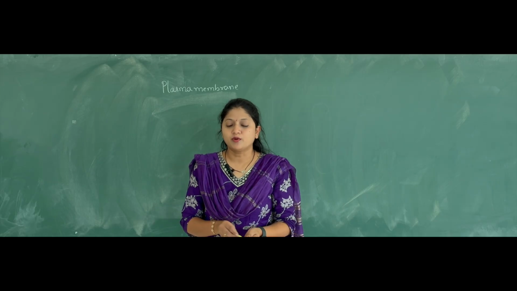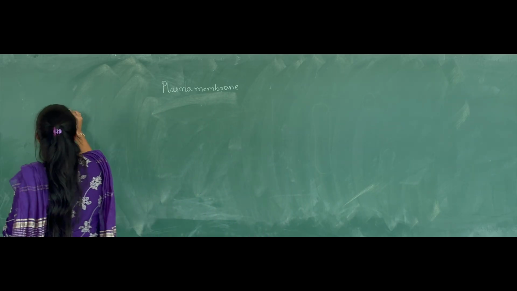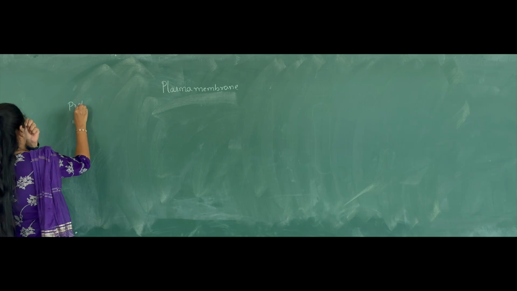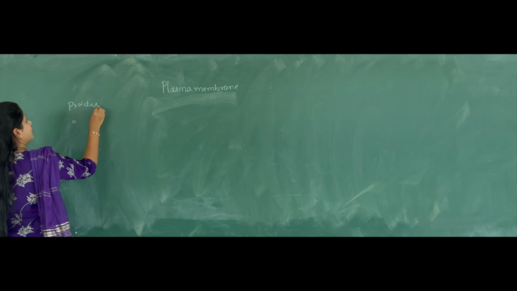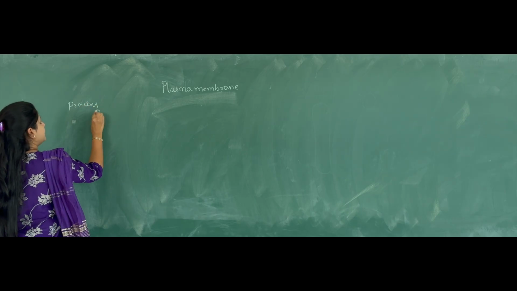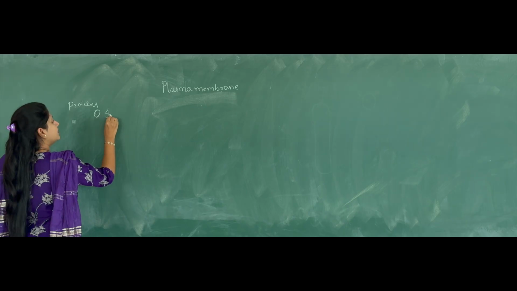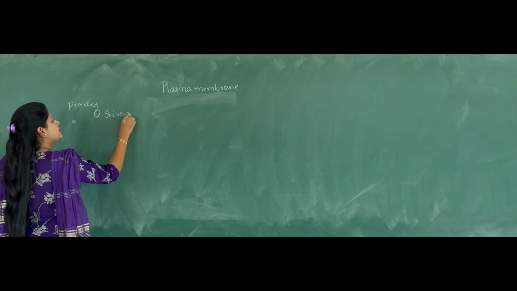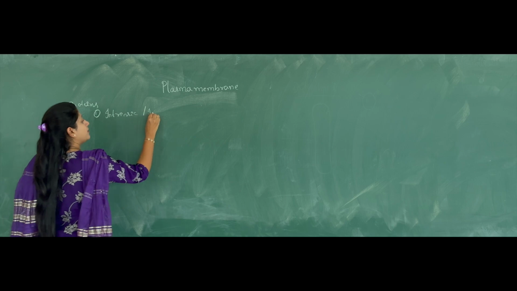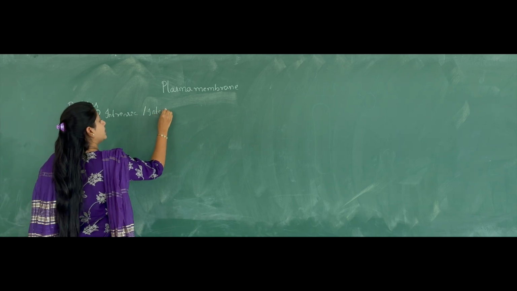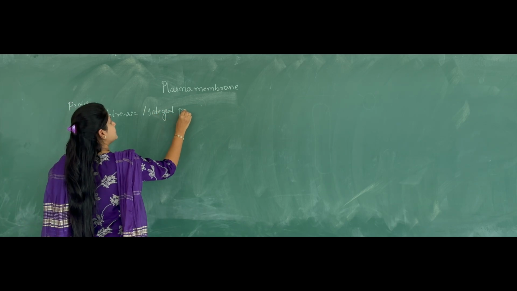So coming to the proteins. Proteins are of two types. The first type is the intrinsic or integral proteins.